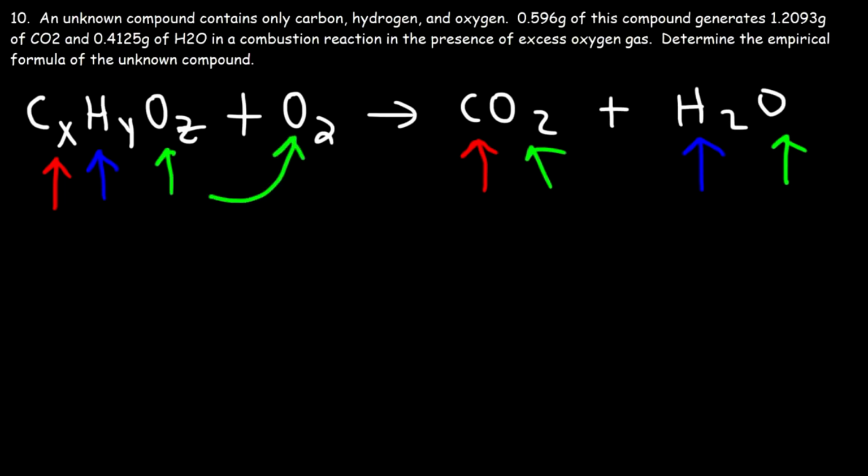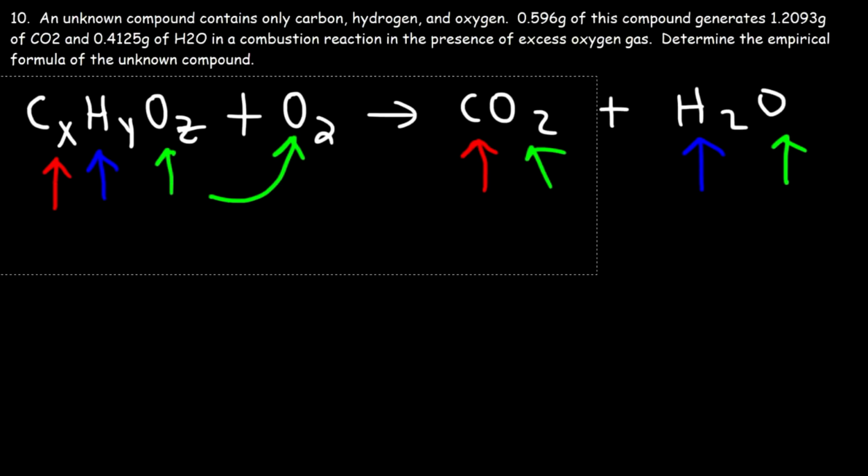Some of it comes from oxygen gas. So in order to calculate the grams of oxygen in the original compound, we need to calculate the grams of carbon and hydrogen, and then using the difference between the total mass of the compound and the masses of carbon and hydrogen, we can calculate how many grams of oxygen is in this compound. And once we have that, then we can calculate the moles of carbon, hydrogen, and oxygen, which will allow us to find the empirical formula. So let's go ahead and begin.